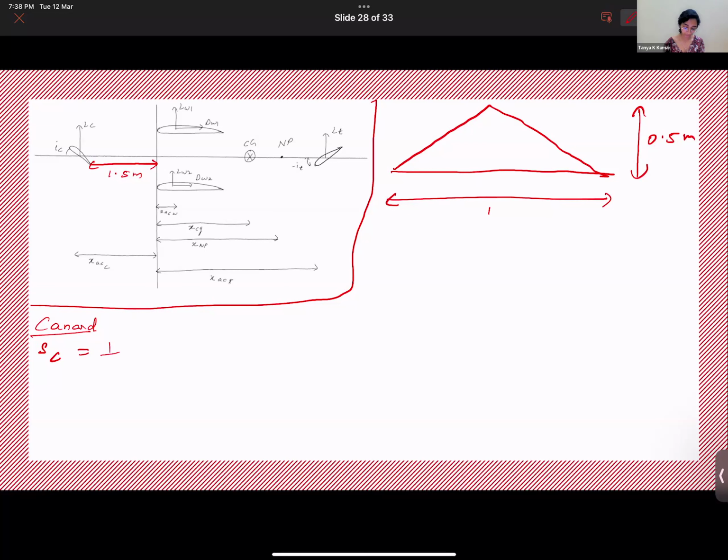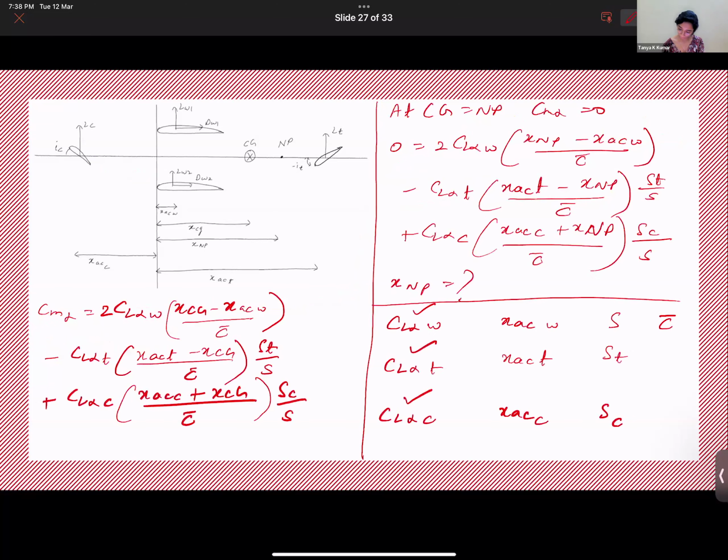It's just the area of the triangle, right? Half base, span of the canard into CR, root chord. So that is half into 1 into 0.5, which is 0.25. So we got one value. SC, this is done.